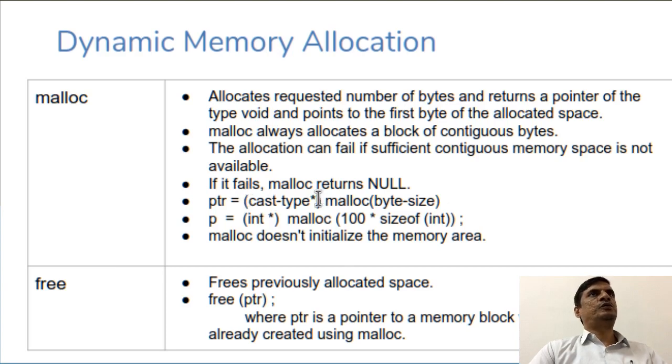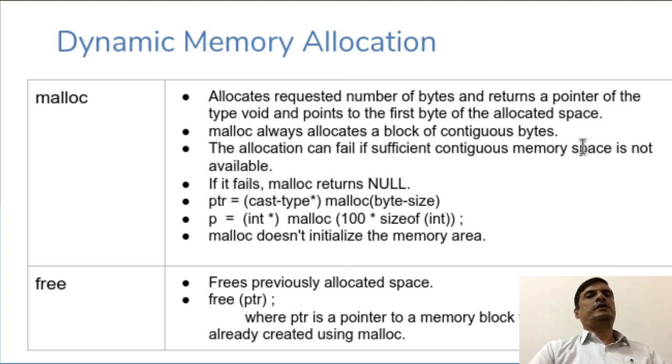In C language, by this time you might know what casting and conversion mean. Conversion, to some extent, will be taken care of implicitly by the compiler. If you want to force this void type to be converted into another data type, then you must cast it. Malloc always allocates a block of contiguous bytes, in sequential manner, if available.